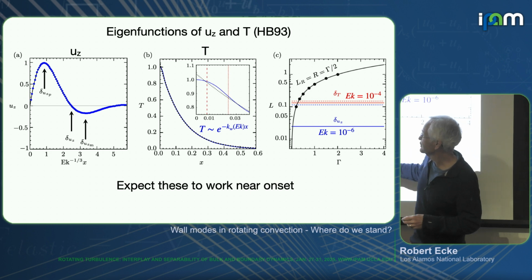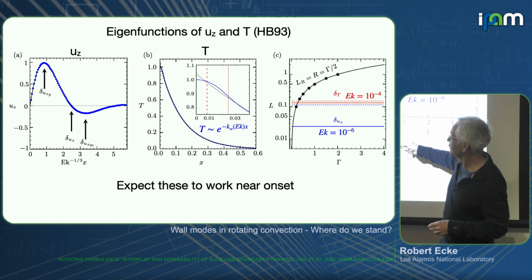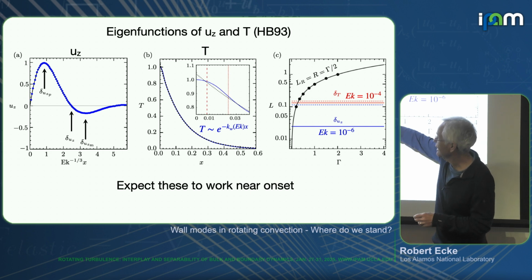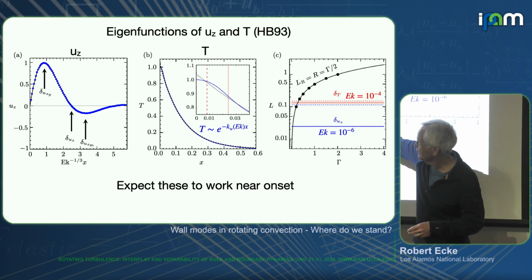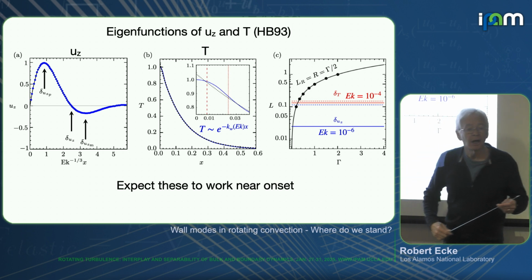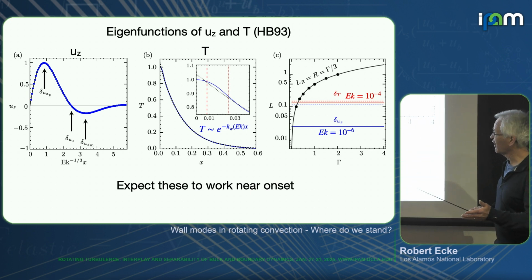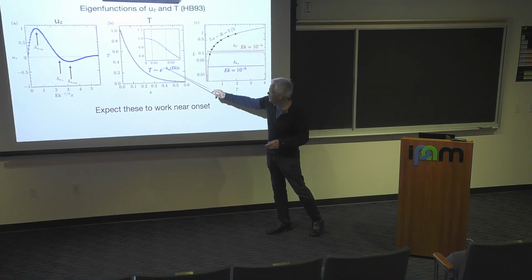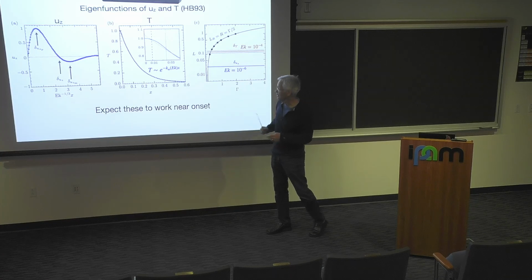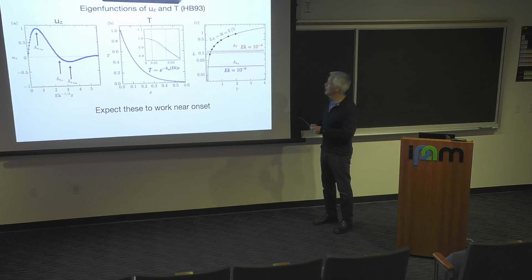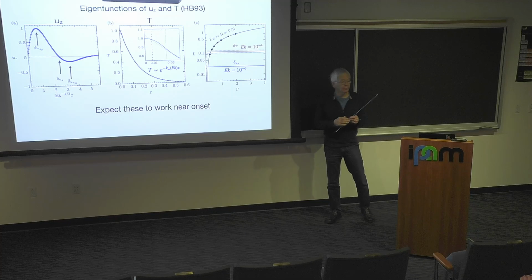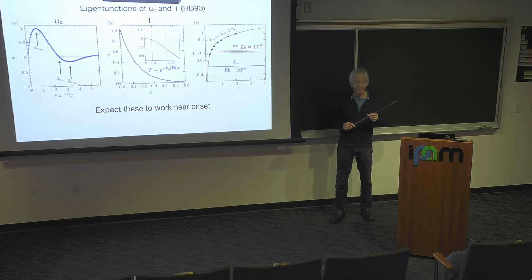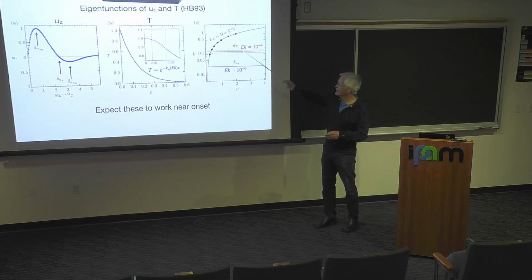So as Ekman changes, the ratio between the decay of temperature and the localization of velocity changes a lot. It's only weakly dependent on Ekman through the critical wave number dependence, which is slow. And so, kind of coincidentally, at an Ekman number of 10 to the minus 4, which is what we were working at earlier, they're about the same.